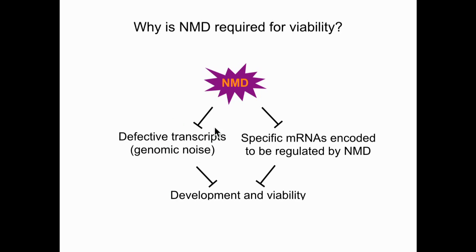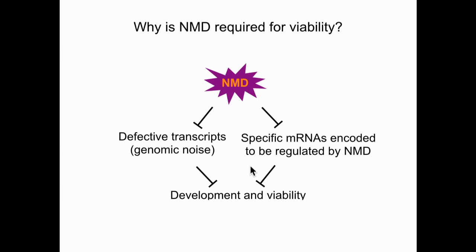If these are all got rid of by NMD, and if they accumulate, they block development and viability. Another model is that there are certain genes in the genome which are encoded to be targeted by NMD, and the negative regulation of these genes by NMD is critical for viability. Thus, if you lose NMD, these genes go up, thus inhibiting development.